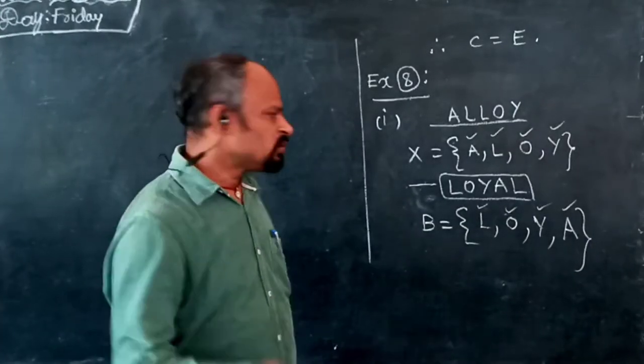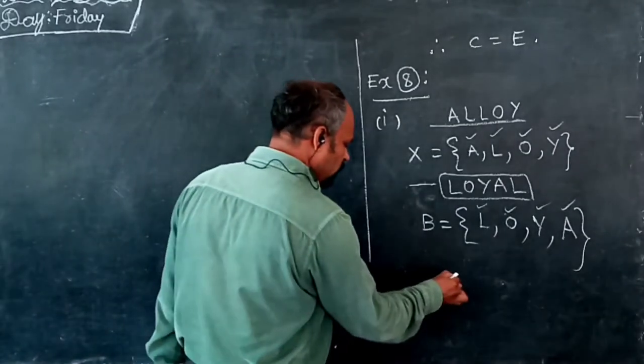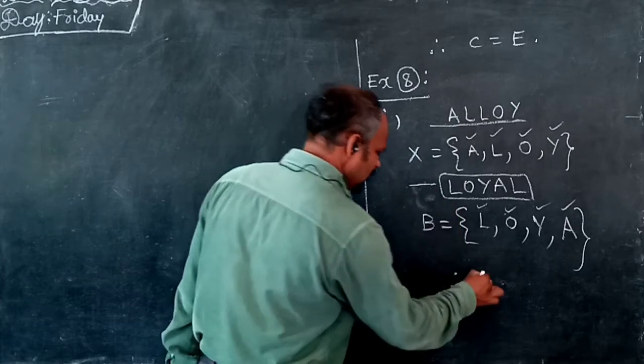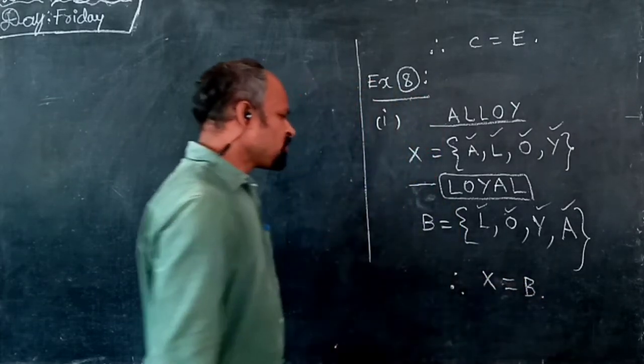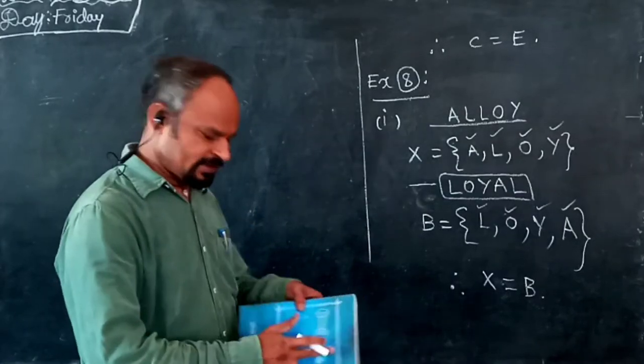Then we can say the two sets are equal. Therefore, we can conclude that X is equal to B. These two are equal sets.